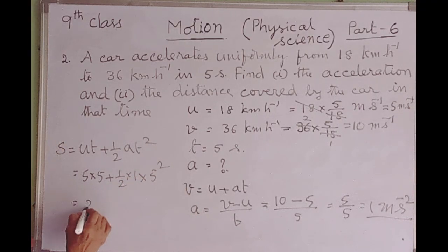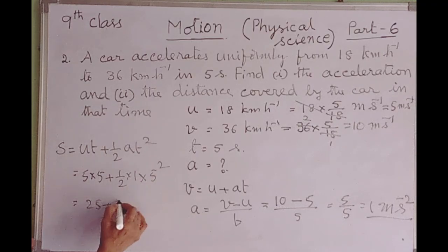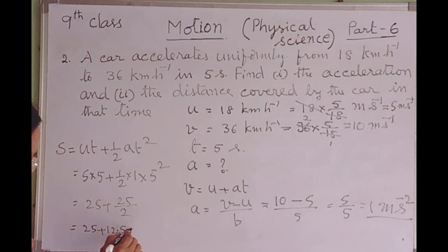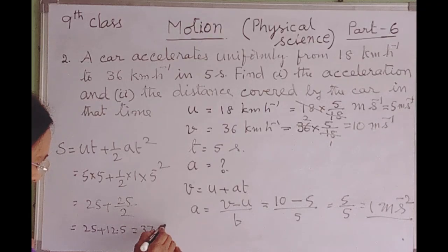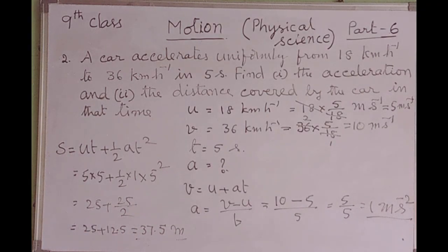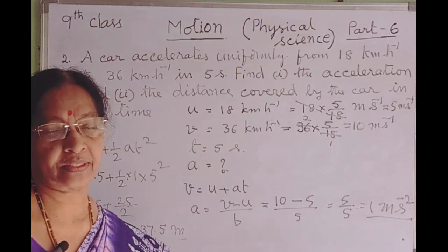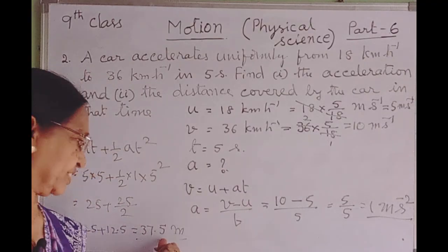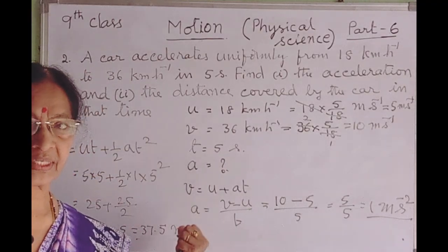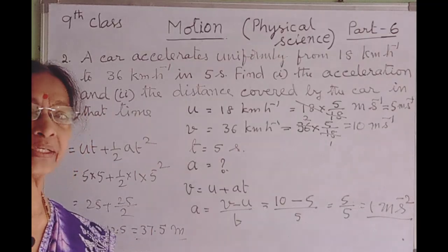So 5 into 5 is 25 plus 25 by 2, that is 25 plus 12.5 is equal to 37.5 meters.